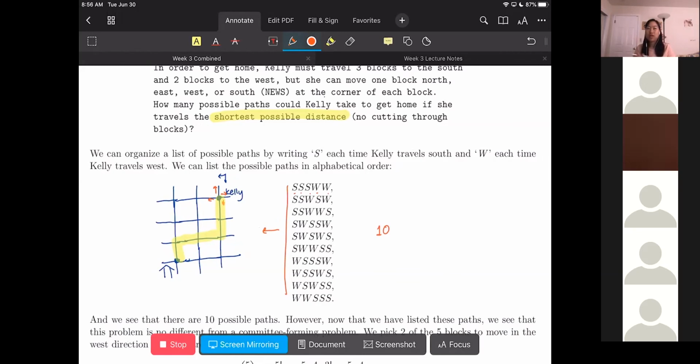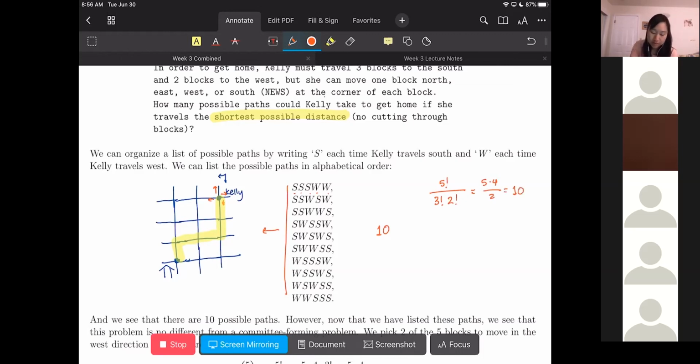And so the way that we solved that was we did 5 factorial, and then we divided by 3 factorial times 2 factorial to correct for overcounting. So that gives us 5 times 4 over 2, which gives us 10.